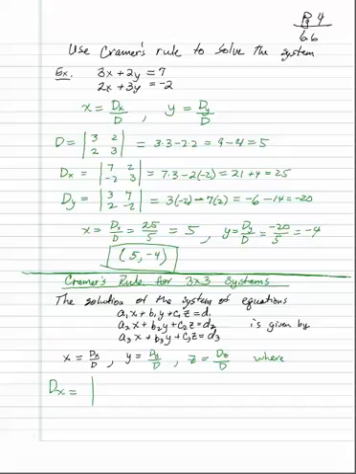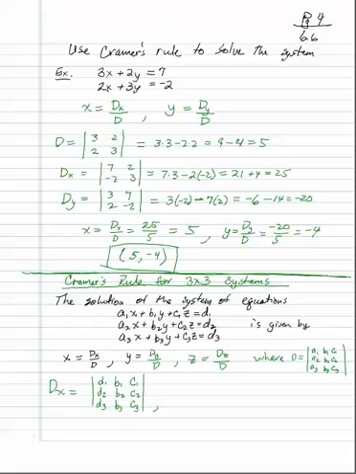Okay, so D is the coefficient matrix. So D is going to be the A1, A2, A3. Y is B1, B2, B3, and Z's are C1, C2, C3. So D sub x, you're going to take the x column out, put in the constants, and then the y's stay the same, and the z's, which are c's, stay the same.